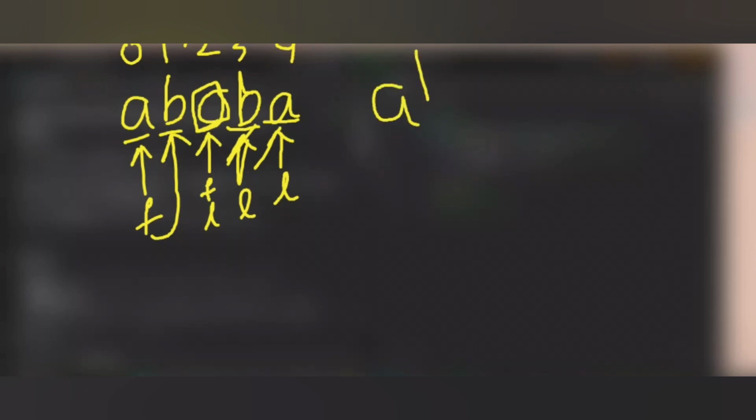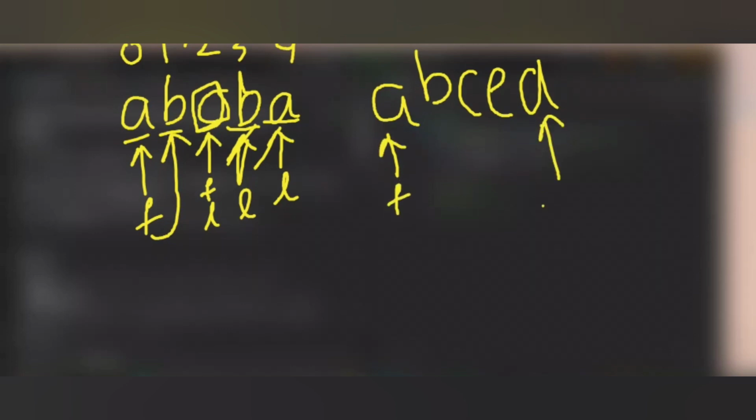So A, B, C. Let's take E and A. In this case, we take F at the first index and L at the last index. We'll compare both the characters, s of L and s of F. So we can see that A and A are equal.